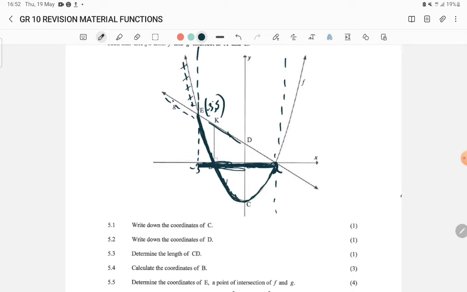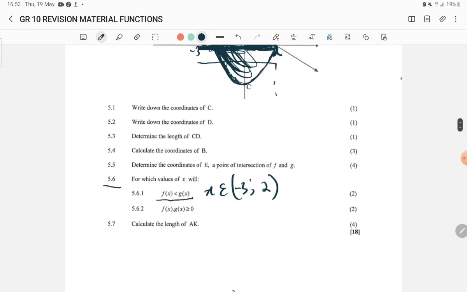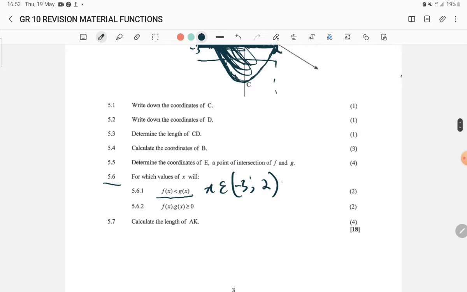Not negative exactly, but below g(x), because g(x) is right there, and f(x) is right below g(x), just like that. So this is our interval. The interval of x where this condition happens is between -3 and 2. So that is why we have this analysis.